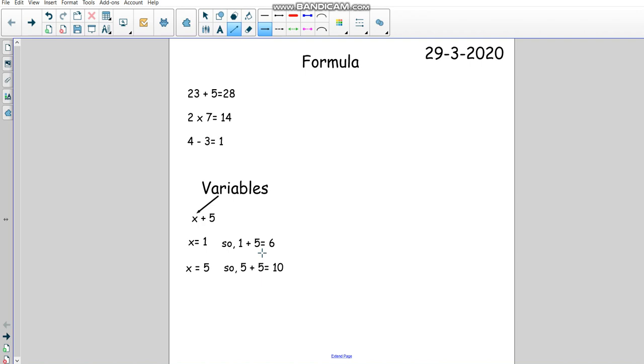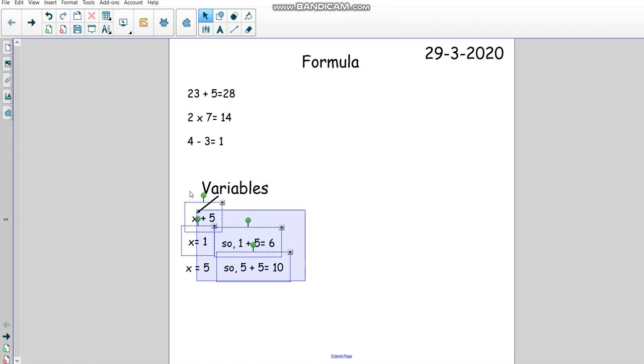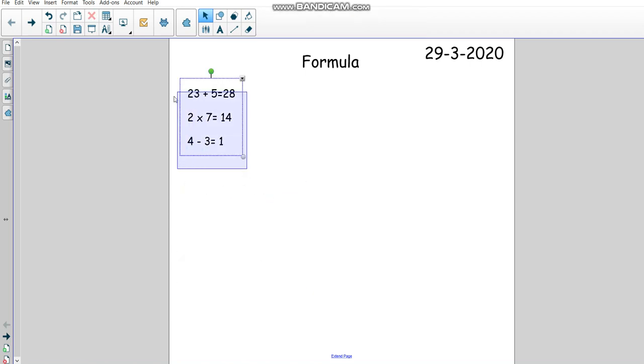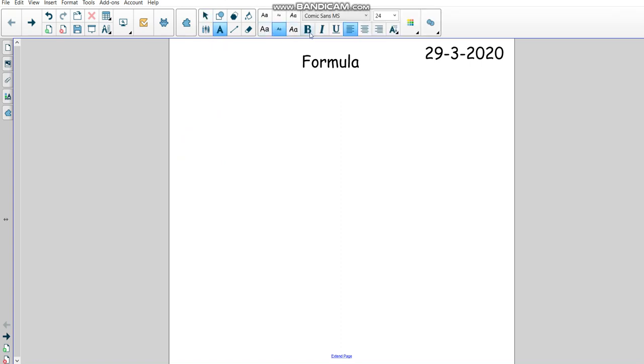How to construct an expression? To construct an expression, you must know that you have some keywords that you must follow to understand how to form or construct, which is building a new expression.